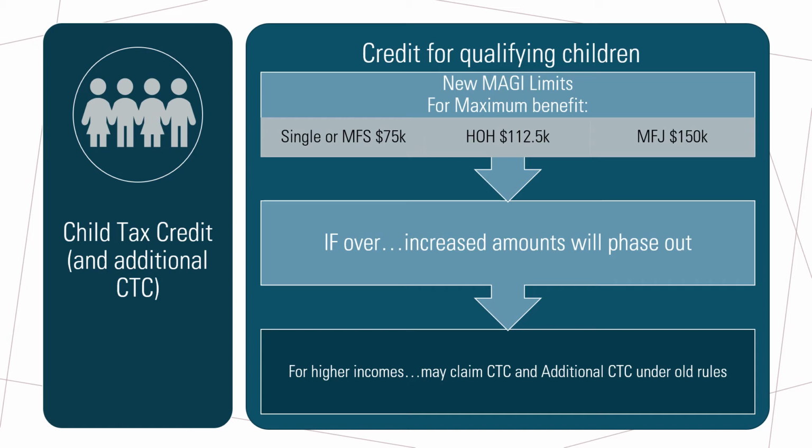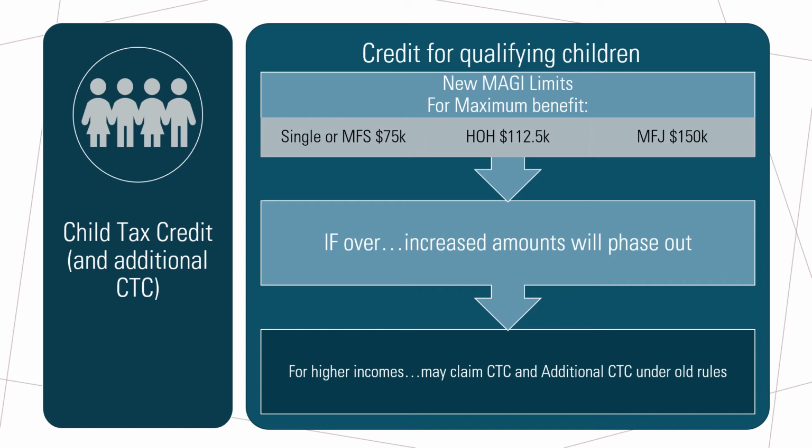And for head of household, that amount of MAGI is going to be $112,500, and for married filing joint, $150,000.